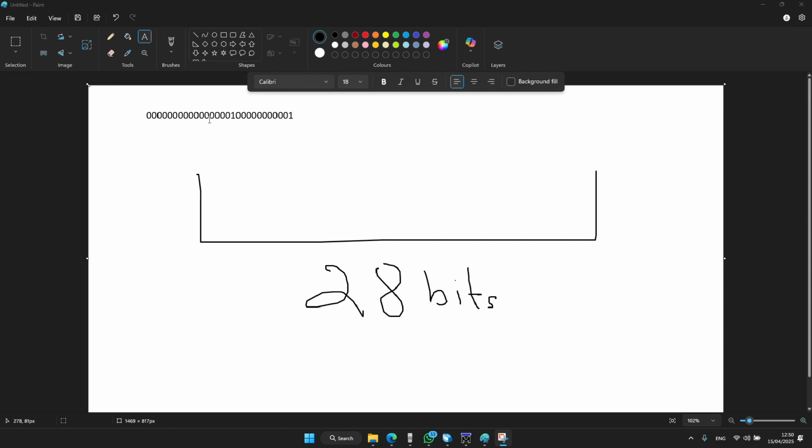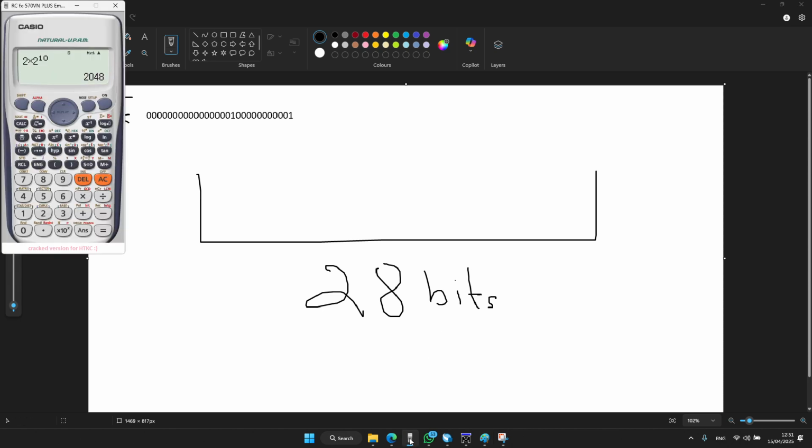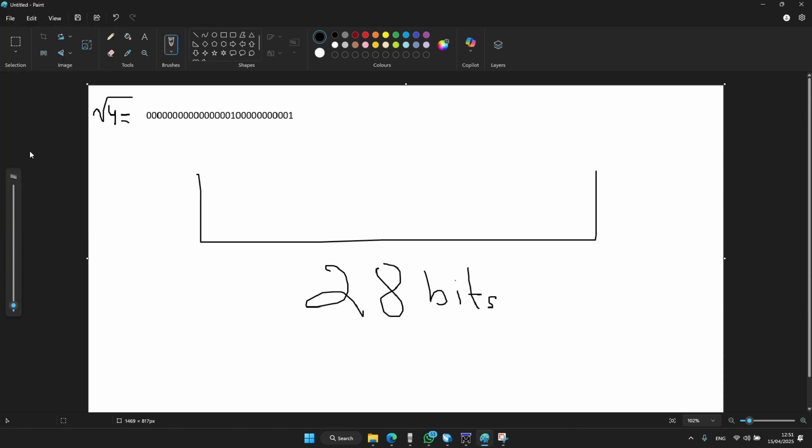So this is the output in binary for the Newton-Raphson square root for the value of 4. The square root of 4 gives us this value. So how do we know how many fraction bits or integer bits there are? One way was this. The other way is that you write the outputs. You know the answer for the square root of 4 is 2.